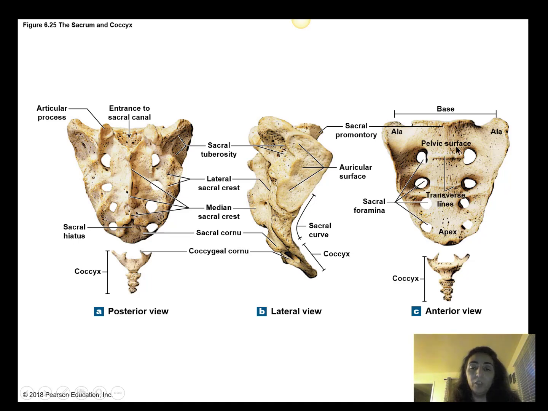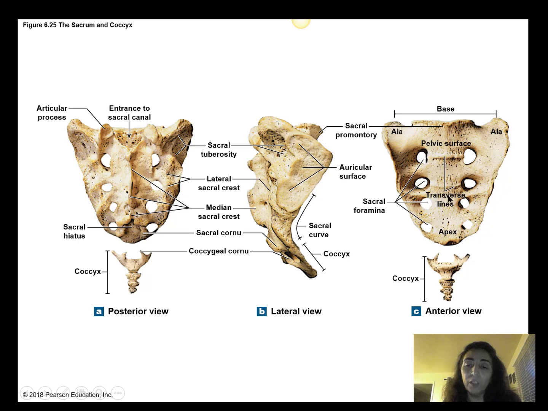So the first thing that you see is that it has a triangular shape. So this one is the apex, and this is the base of that. The 2 sides of that, each one is called ala. Ala means wing. And then you see a line here that is actually the place where the 2 vertebrae have been fused together.